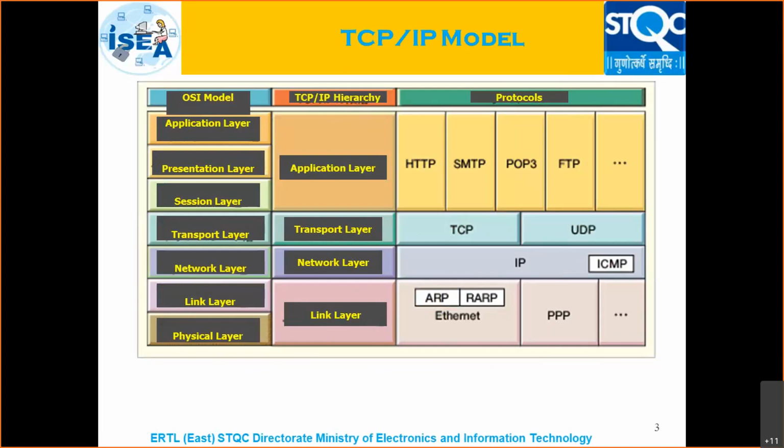The TCP/IP model has 4 layers: application layer, transport layer, network layer, and link layer. As I told you, in the application layer we can see protocols like HTTP, SMTP, POP3. HTTP is basically for web browsers, SMTP for email, FTP for file sharing. Now, each layer has defined tasks.